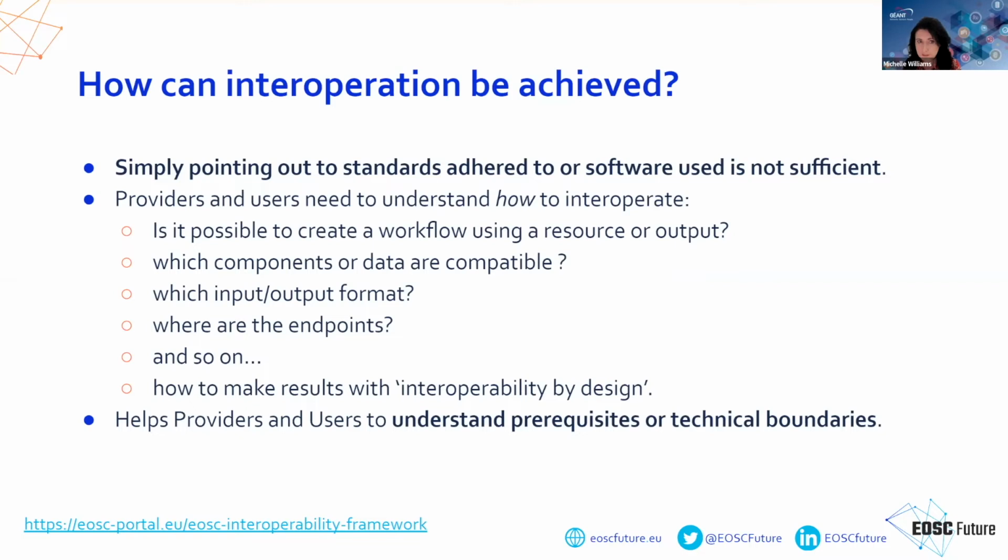So how can we achieve that? Well, simply pointing out standards adhered to or software used in the creation of a service or a resource isn't really sufficient. Providers need to understand how to design and produce a resource that interoperates with other resources. Users will benefit from understanding whether it's possible to create a workflow using a resource, or which components or data are compatible with specified services or resources.